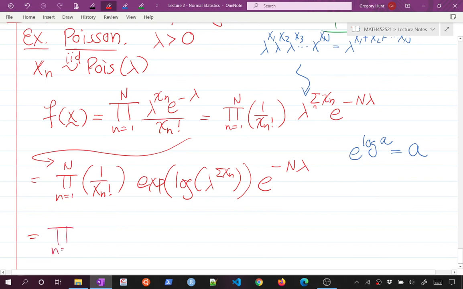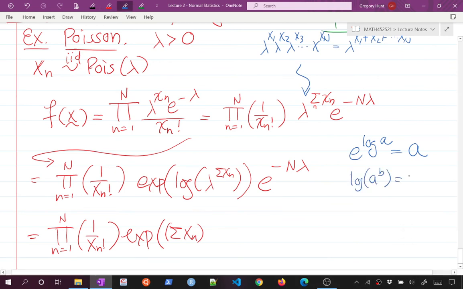So again, I have my ugly part depending on factorials. Inside the exp, I can bring this sum out, right? Because that's just like an exponent rule. The other exponent rule is that log of a to the b is b log a, right? I'll still be left with a log of lambda in here. And I have my e to the negative n lambda.